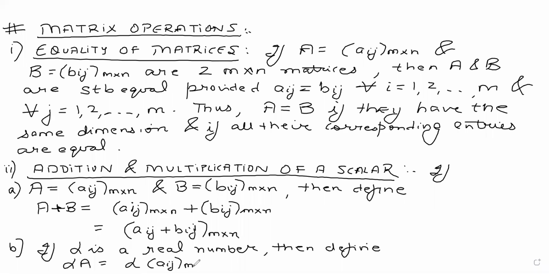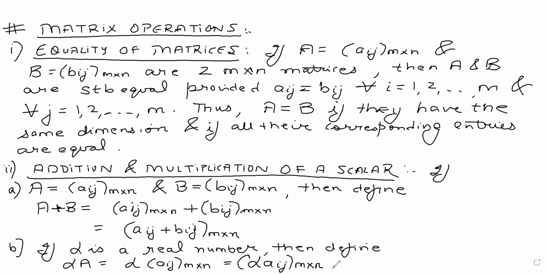Aij, which is M cross N. Now if I am multiplying a matrix by a scalar, what is the scalar in this case? The scalar in this case is nothing but alpha, which is a real number. So if I am multiplying a matrix by a scalar, it means I am multiplying all the elements inside the matrix by that scalar. So I can write it as alpha times Aij, which is M cross N.